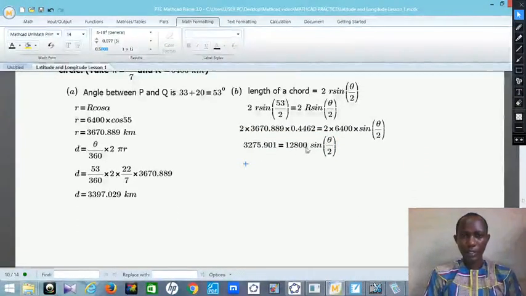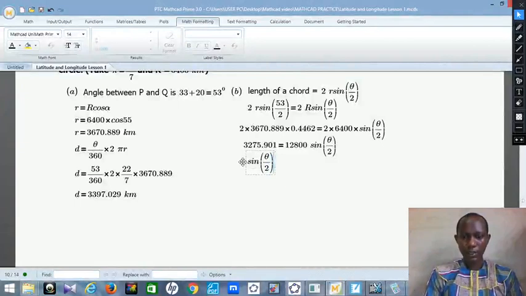You are going to have sine theta over 2 equals 3275.901 divided by 12,800.